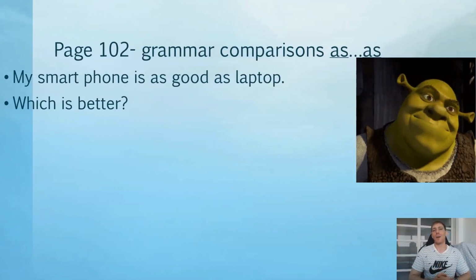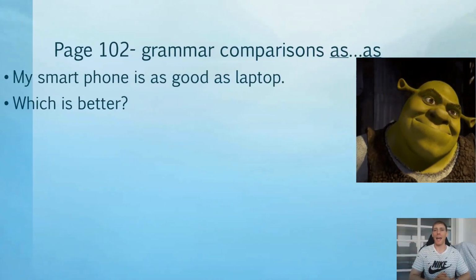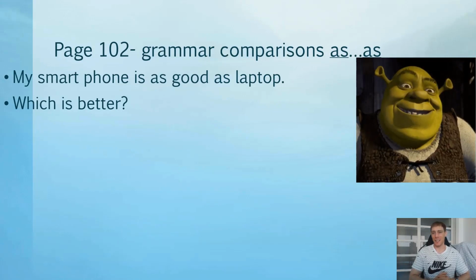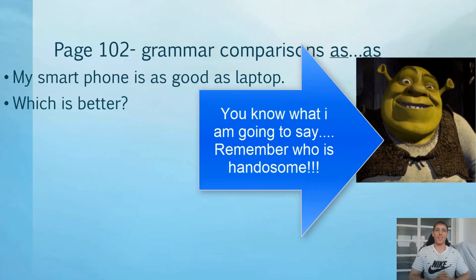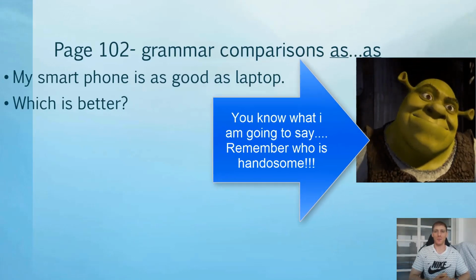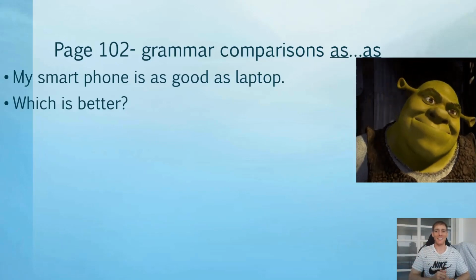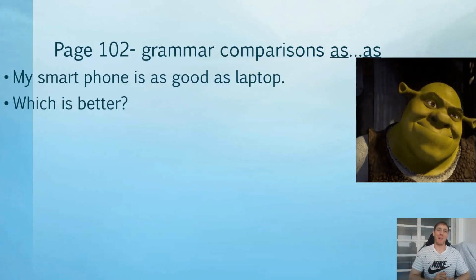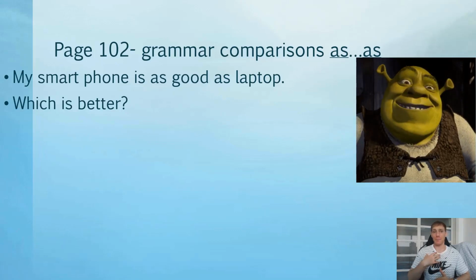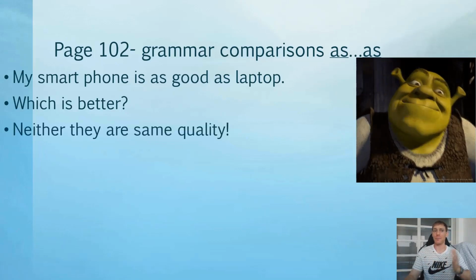This part is all about comparisons, talking about as blank as. Now you can see my first example is talking about a smartphone. Don't worry about Shrek. So my smartphone is as good as my laptop. So which is better?